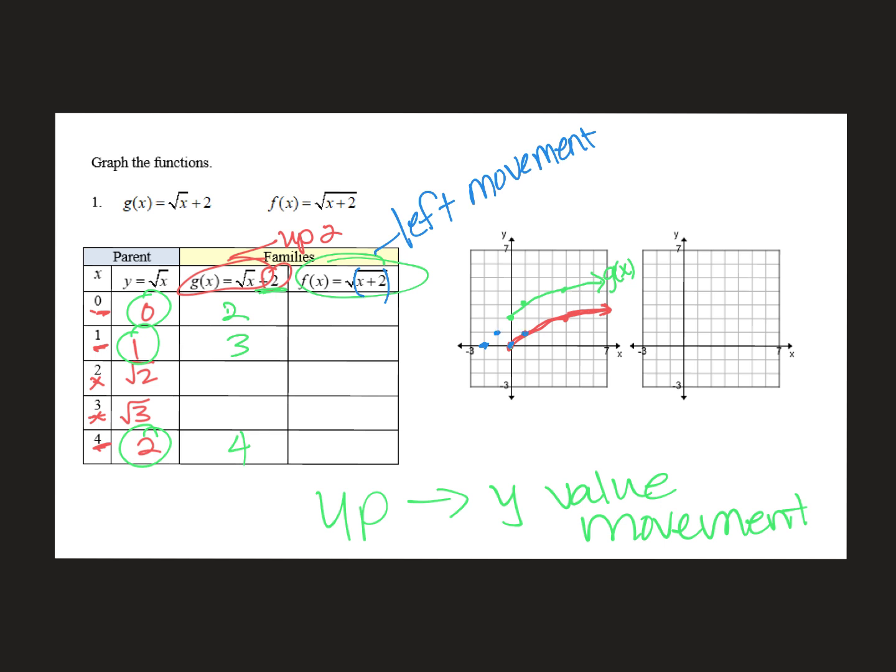And the point that is at 4, 2 goes left 2. So now I have this graph right there that curves. I'm not showing it very well as a curve, but f of x is moved left 2. That means it's not my y values that are changing, my x values are changing.